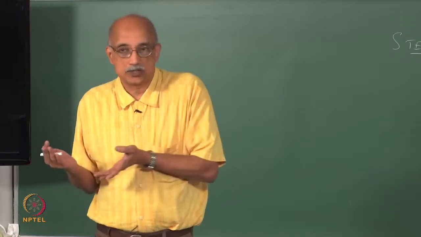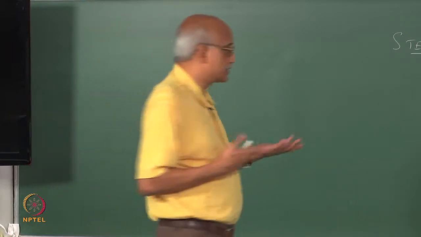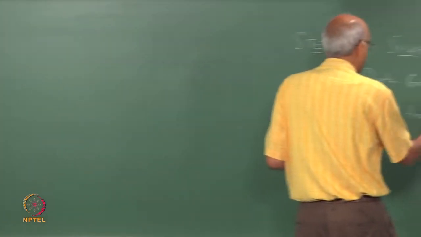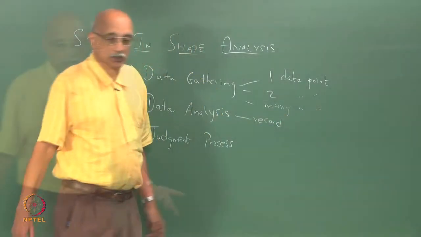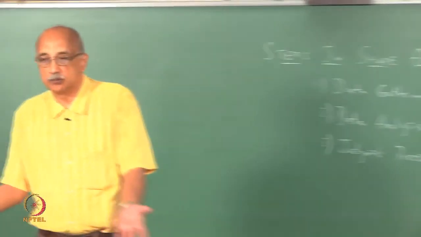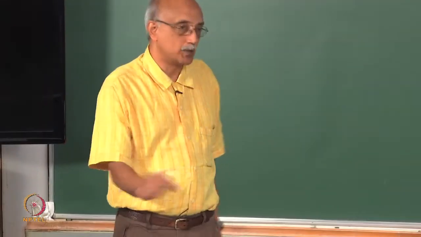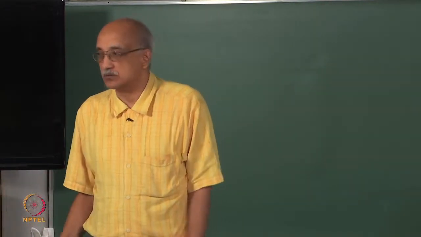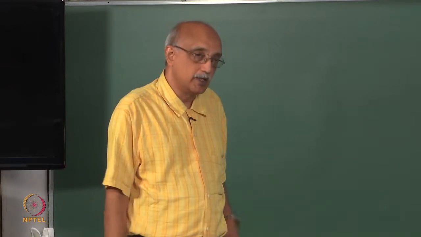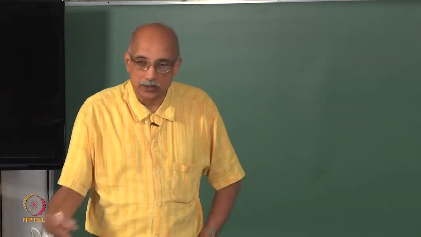What do you do with the data once you have taken it? The simplest thing you can do is to simply record it. So, you have an observation book and you just write down particle XXX, and this is the shape that I observe, which is fine. I mean it enables you to record the actual observation.